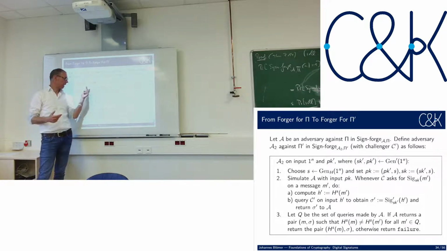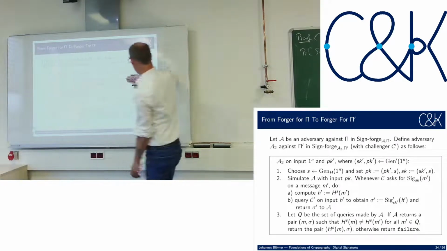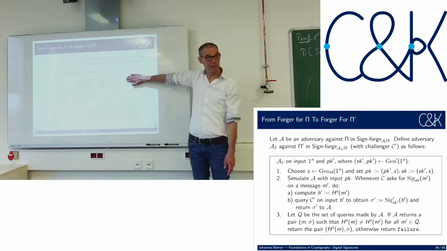We extend this PK prime with a key for the hash function, which we choose using the key generation algorithm. It really uses the public key PK prime comma s as its public key for the scheme pi.